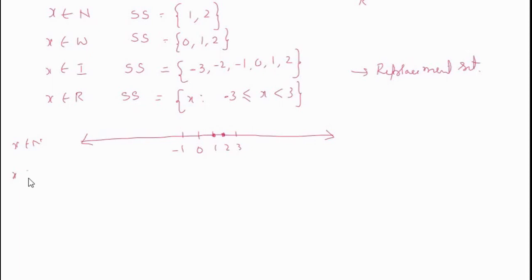Now when x belongs to whole numbers, the number line is 0, 1, 2, 3, this is minus 1. When x belongs to whole numbers, it includes 0 also. 0 is part of the solution set. So we have to mark 0, 1 and 2 as thick circles.